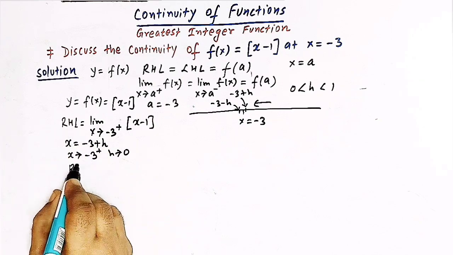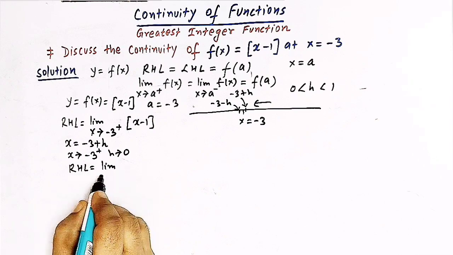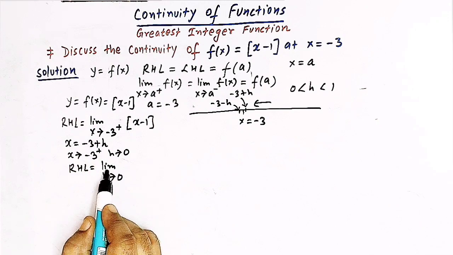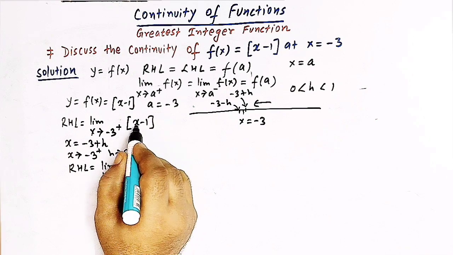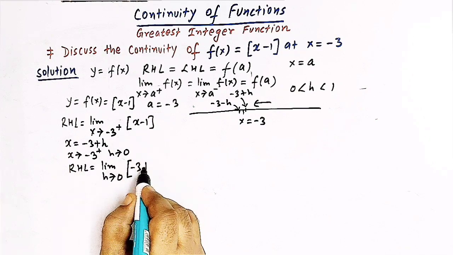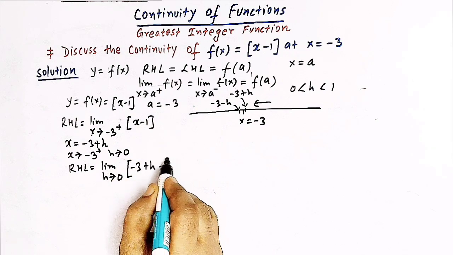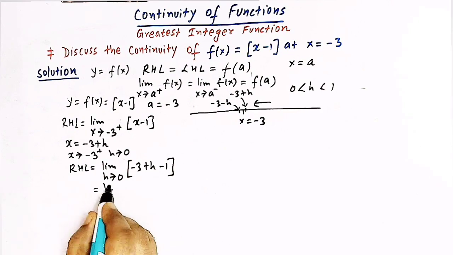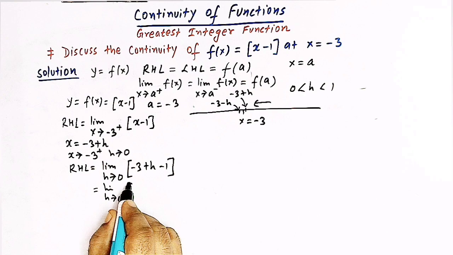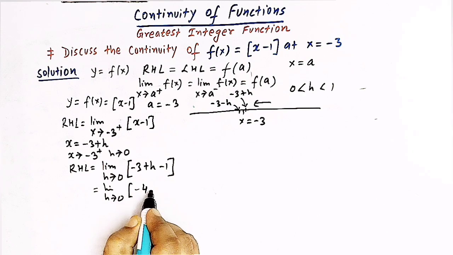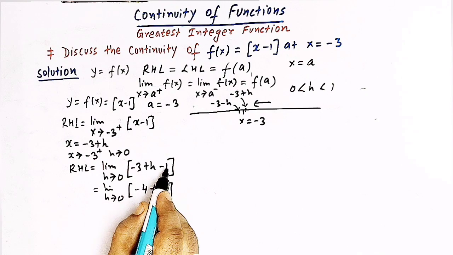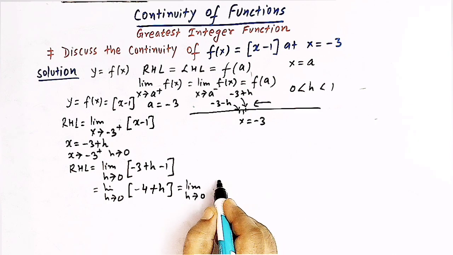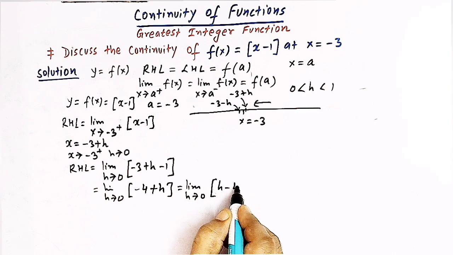So the right hand limit is now equal to limit h tends to 0, and for x we write minus 3 plus h, and here we have minus 1. Now we solve this limit, and we have greatest integer of minus 4 plus h, since minus 3 minus 1 is minus 4. This can also be written as limit h tends to 0 of greatest integer of h minus 4.